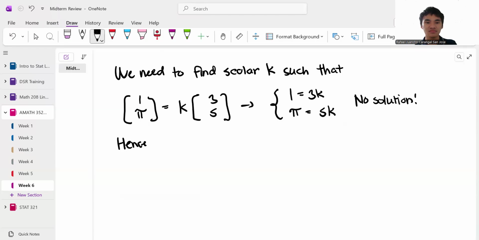Hence, the set of V1, V2, since it has no solution, is independent. If there was a solution, it would be dependent.